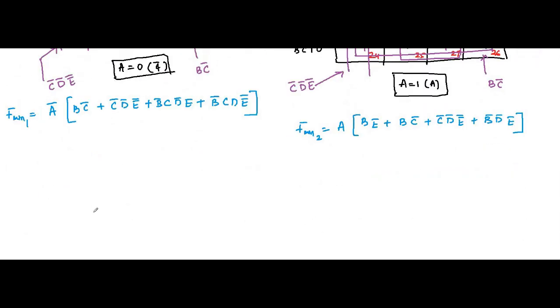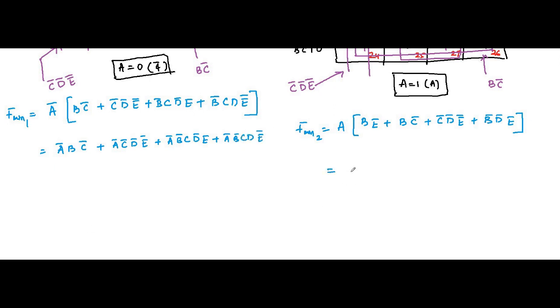So now if we open the brackets, it will be A bar B C bar, or A bar C bar D bar E bar, or A bar B bar C D bar E, or A bar B bar C D E bar.